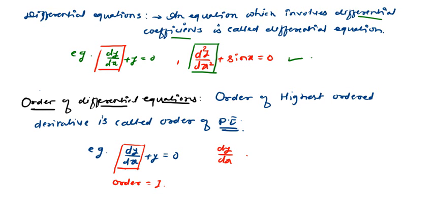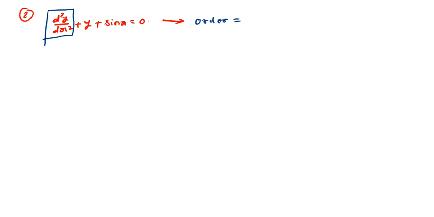Second example, I will take d2y by dx square plus y plus sin x is equal to 0. The question is to find the order of this differential equation. Again, the highest order derivative involved is d2y by dx square and its order is 2, so the order of this whole differential equation is 2.